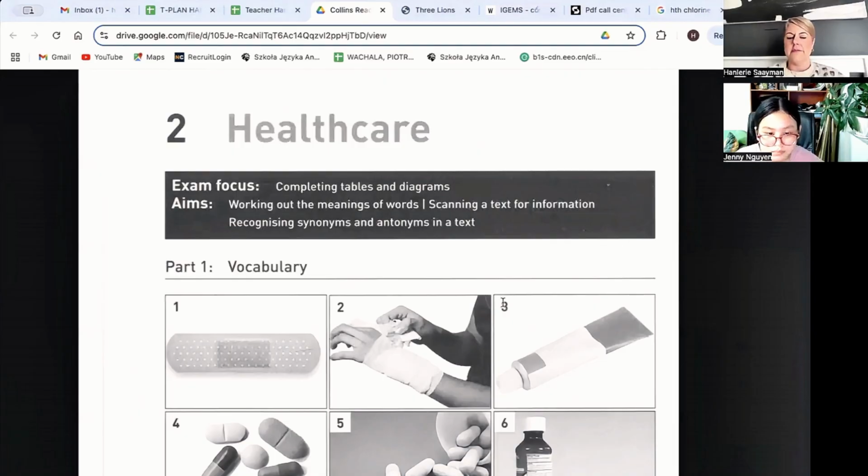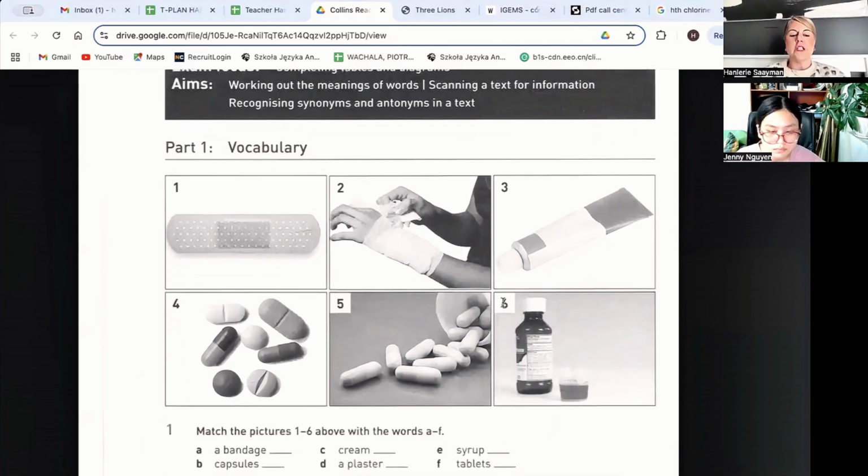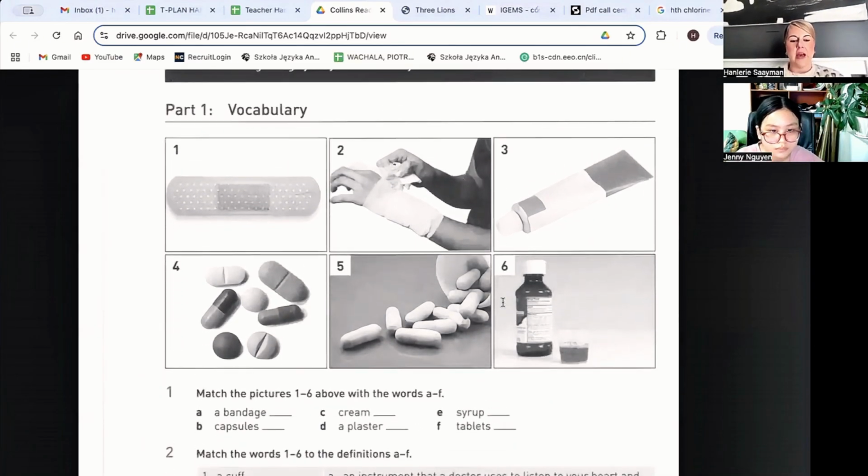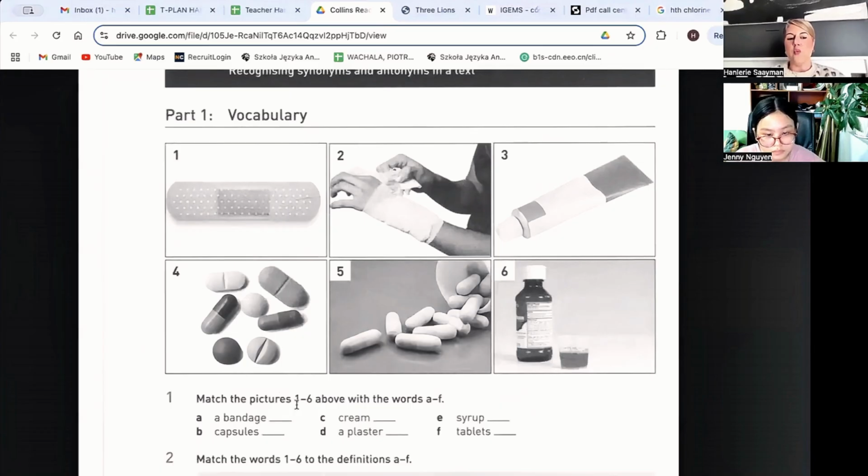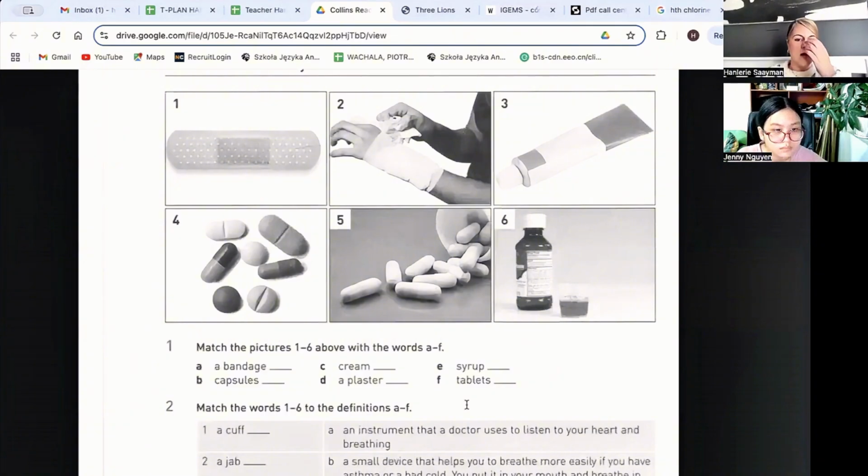Okay, so Chinny, today we're going to talk about healthcare. So what we're going to do is look at the pictures here. Match the pictures number 1 to 6 with the words A to F. So what is number 1? It's a bandage.